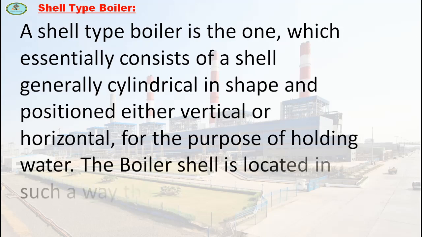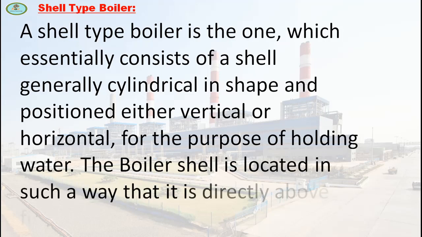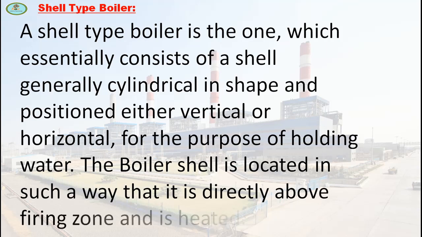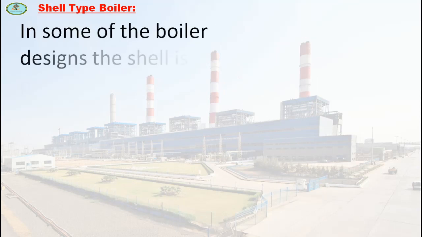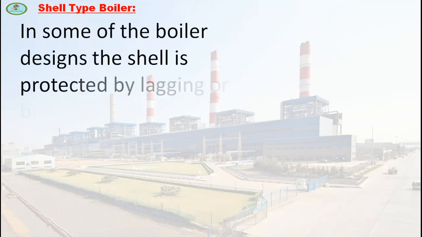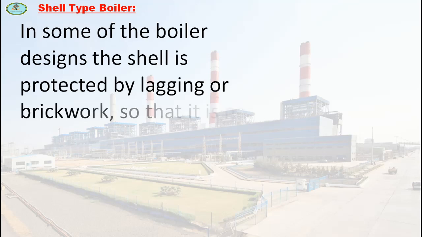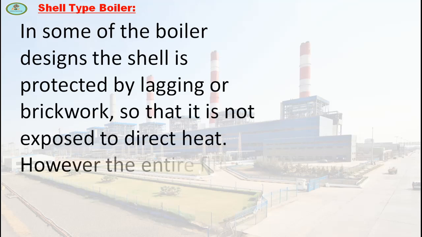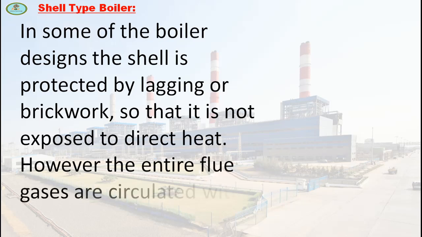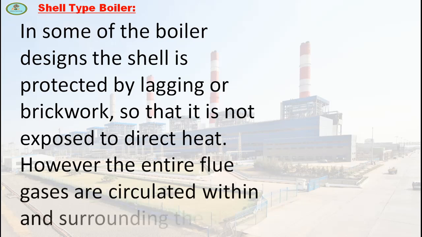The boiler shell is located in such a way that it is directly above the firing zone and is heated. In some boiler designs, the shell is protected by lagging or brickwork so that it is not exposed to direct heat. However, the entire flue gases are circulated within and surrounding the shell.